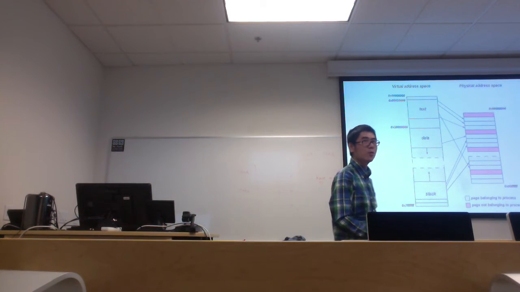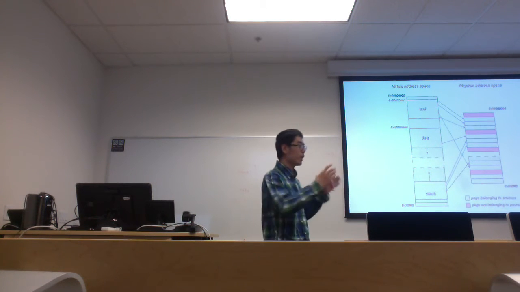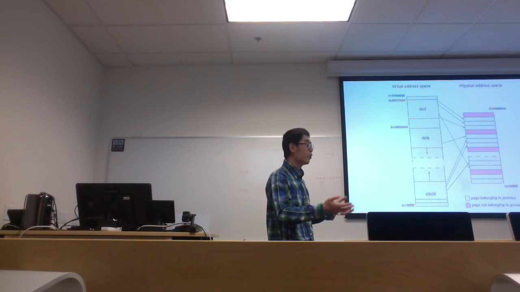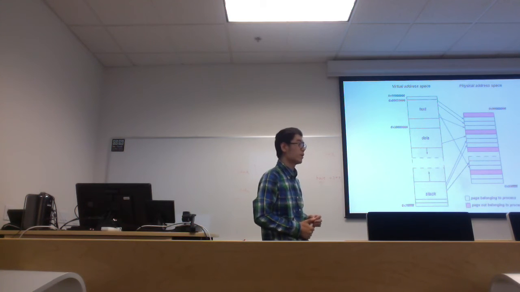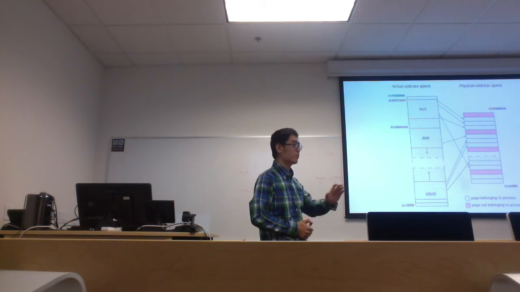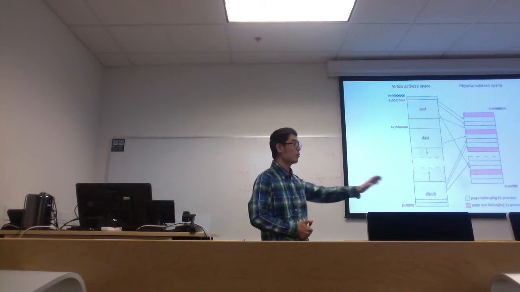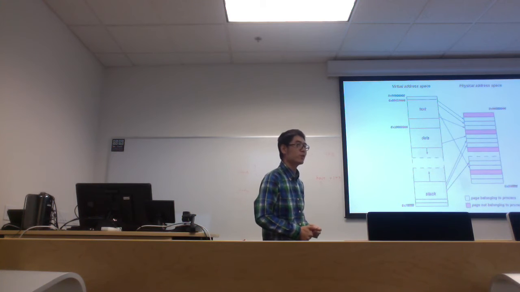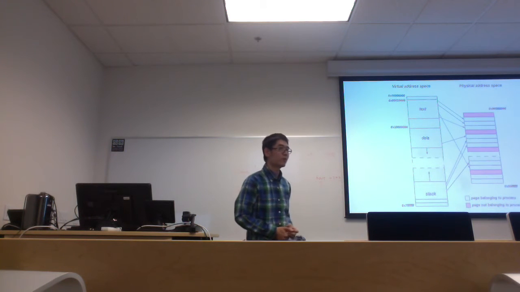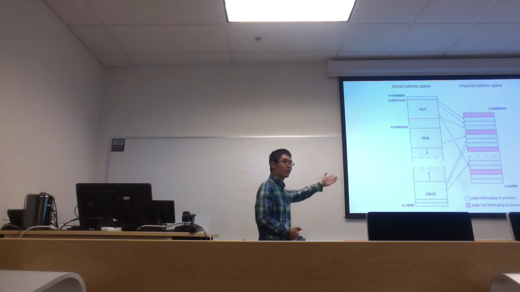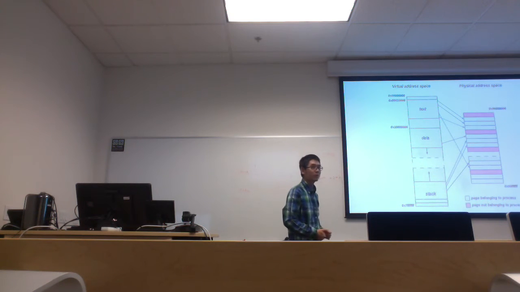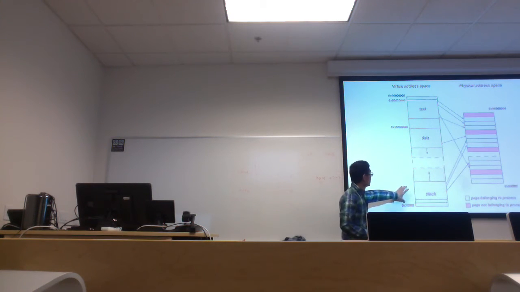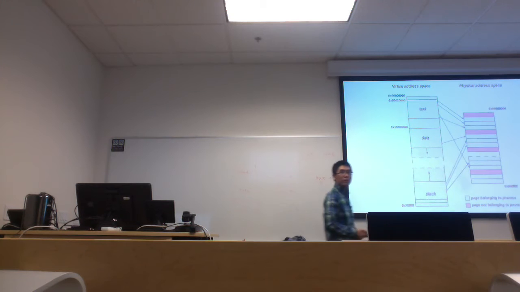Either the kernel allocates a page and maps it for you on the fly, or the kernel just says, you are not playing by the rules, I will not allow you to run anymore. The kernel will terminate it and print out a segmentation fault, right? So why is it called a segmentation fault? You accessed an invalid segment.